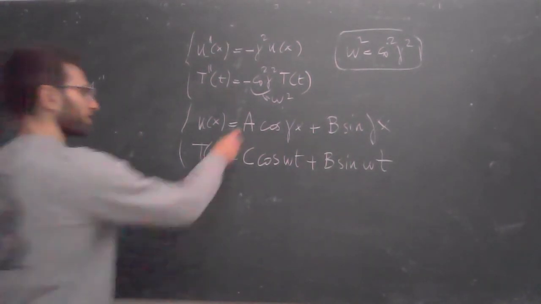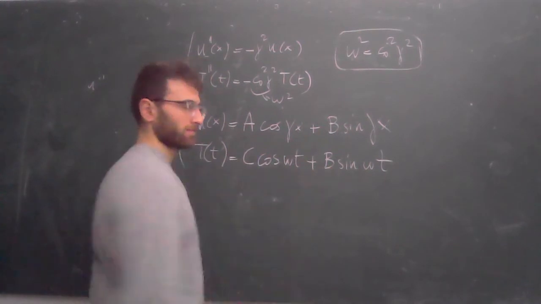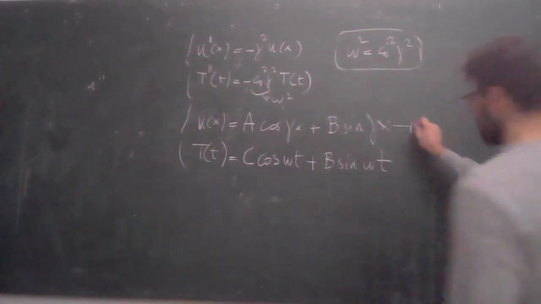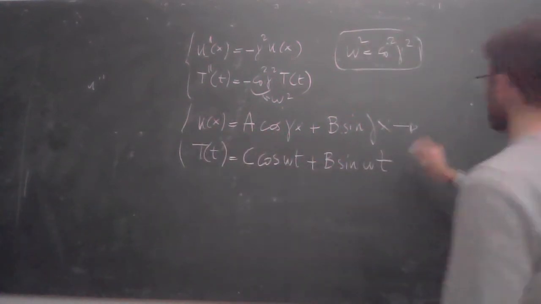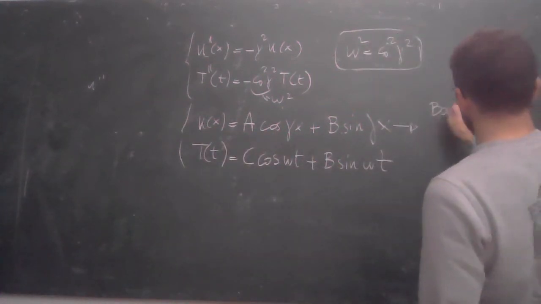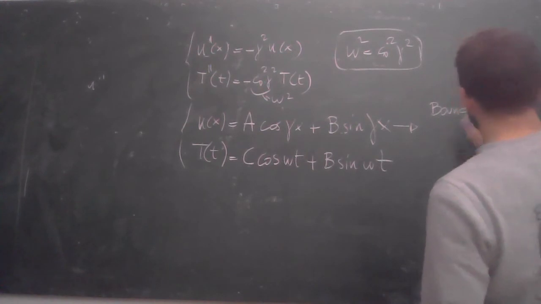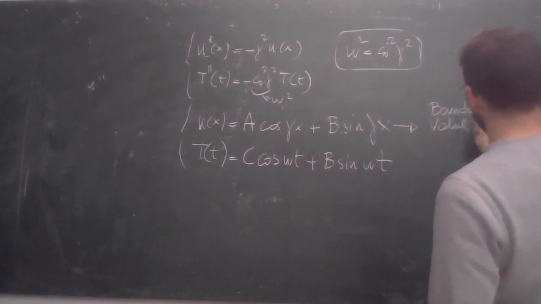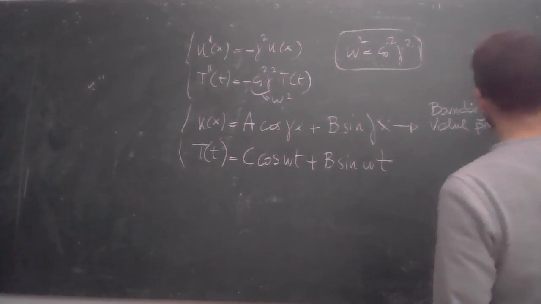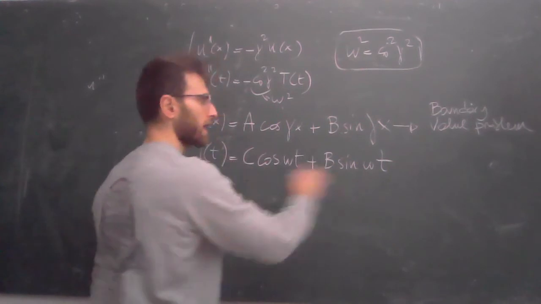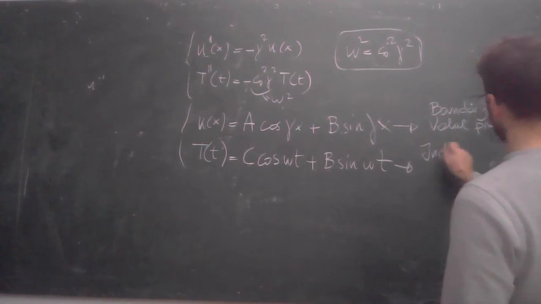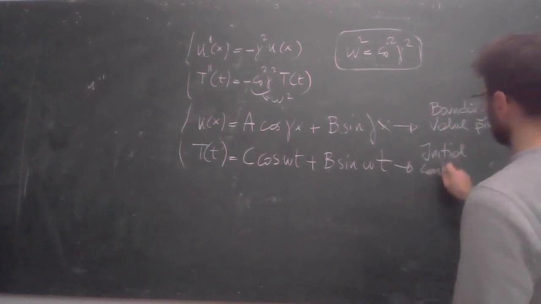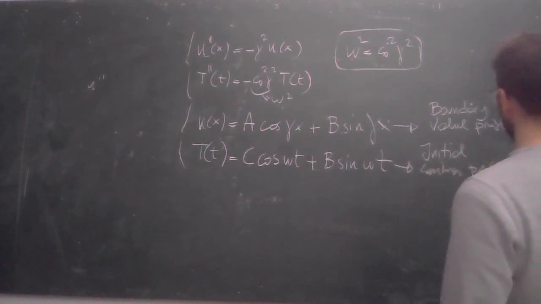And how do we find the four constants? The constants of the displacement term come from the boundary value problem. The constants of the second term come from the initial condition problem.